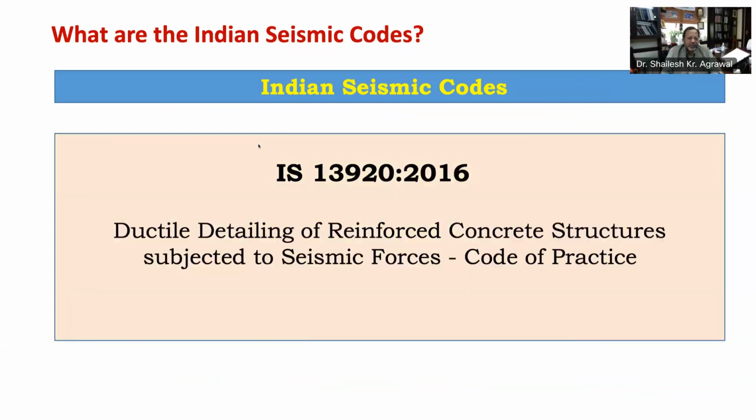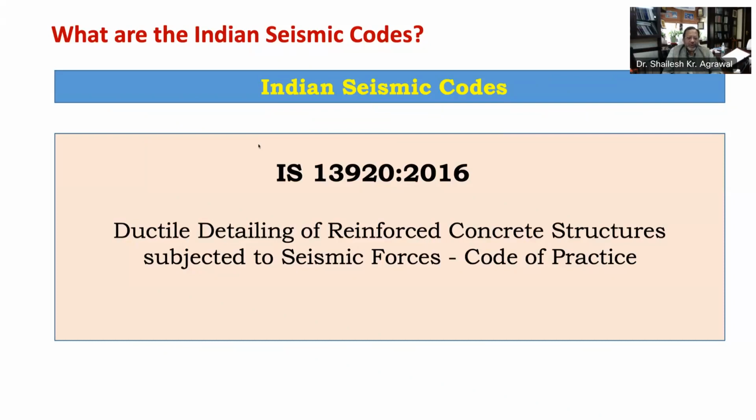IS 13920. In India, reinforced concrete structures are normally designed and detailed as per IS 456-2002. However, structures located in high seismic regions require ductile design and detailing. Provisions of ductile detailing of monolithic reinforced concrete frames and shear wall structures are specified in this IS 13920.